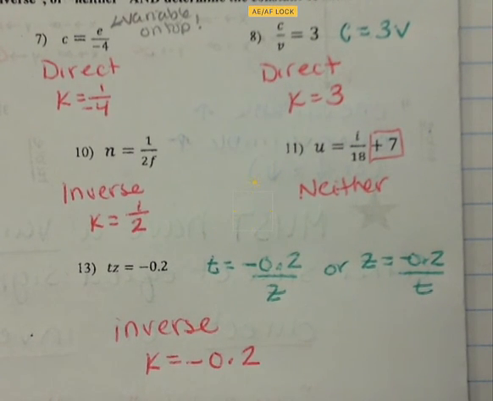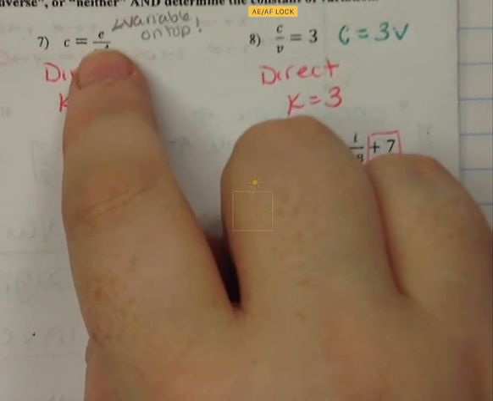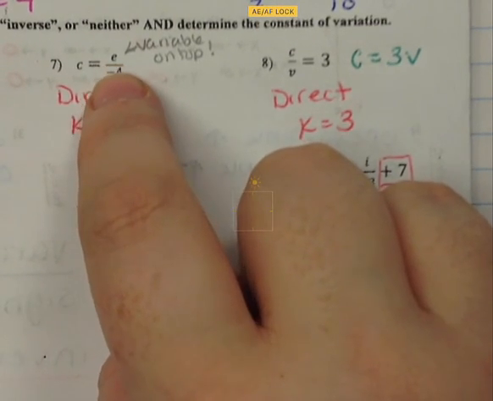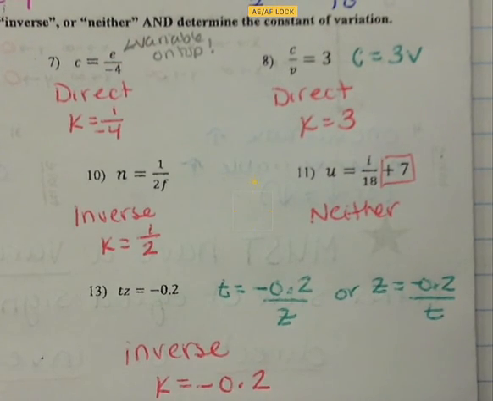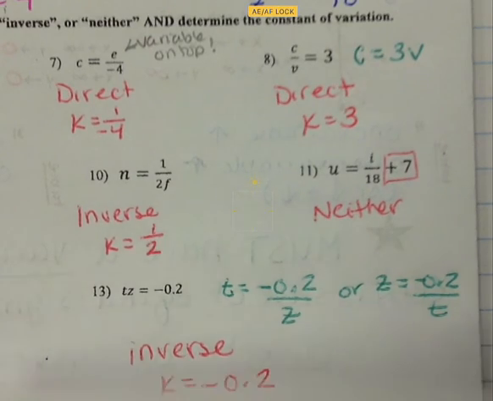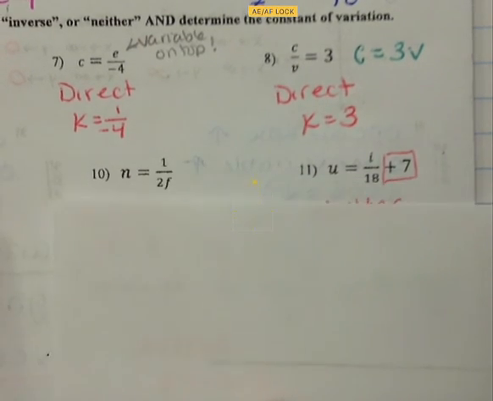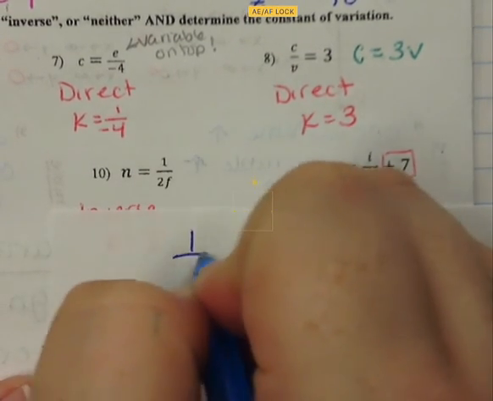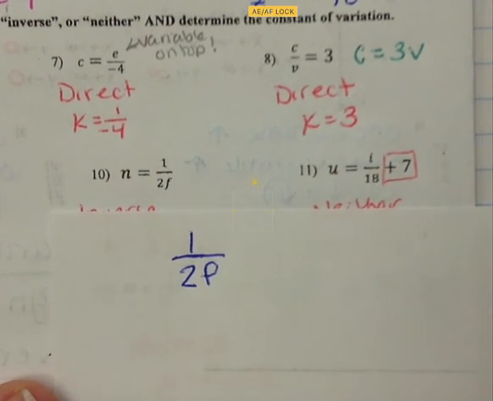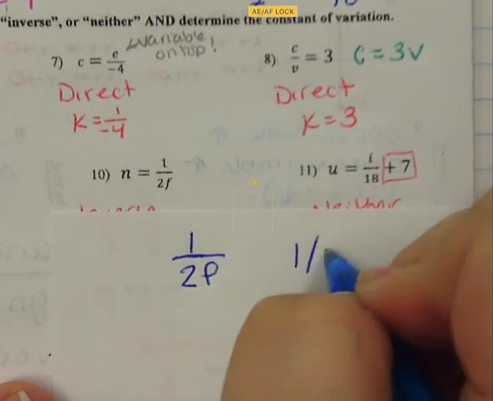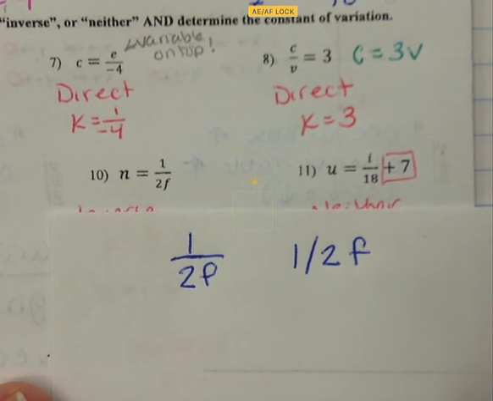So again, you have to be super careful about if your variable is on top or bottom. It doesn't matter about the number. And this is one of the reasons why you should not use slanted fractions. Because if I go back to number 10 real quick, I'm just going to do this on a scrap sheet of paper real quick. 1/2f is not the same as 1 divided by 2f like this.